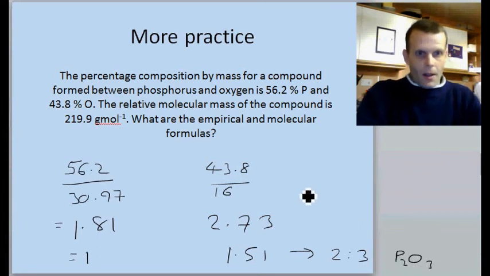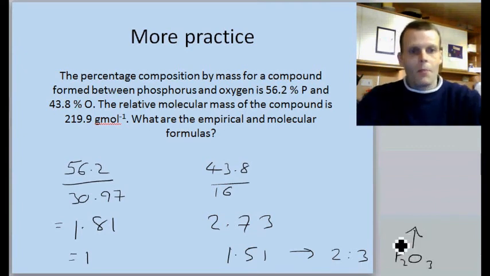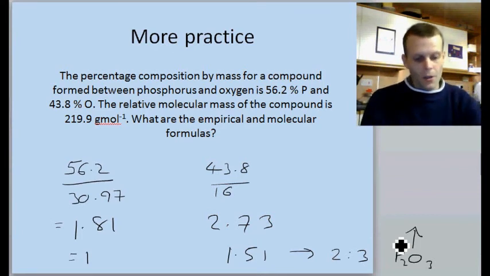I've got information on the molecular weight, so I can ask myself, well, how heavy is that? Well, the mass of the empirical formula is 2 times phosphorus, which was 30.97, plus 48 for the 3 oxygens.